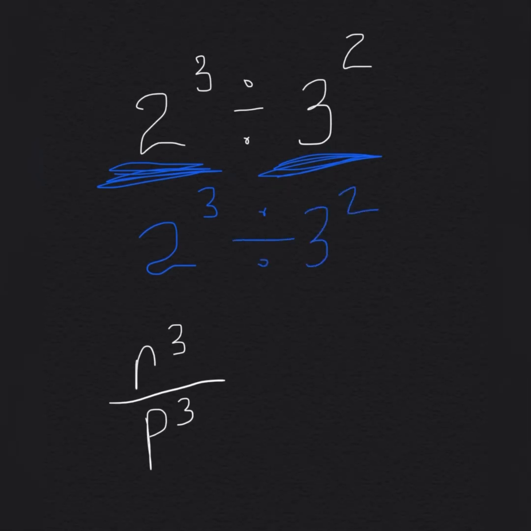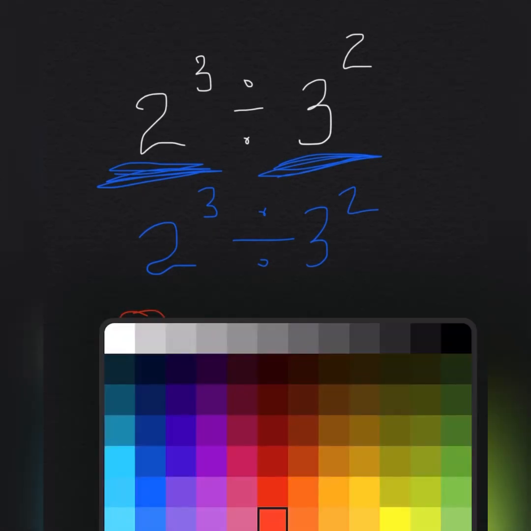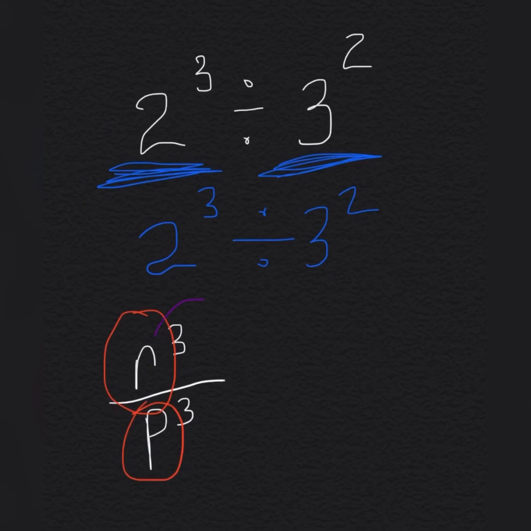Now let's look at this example now. Remember, if the bases are the same, we can go ahead and simplify. If not, we have to leave it as is. The base here is R and the base here is P. Well, let's look at the indices. The indices here are 3 and 3.